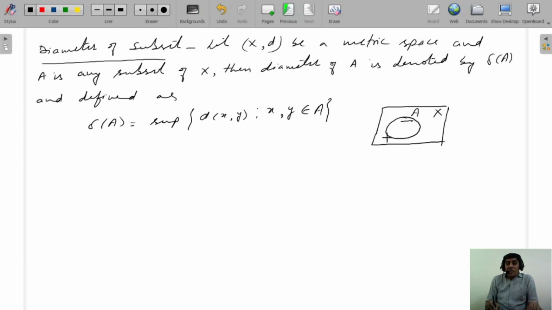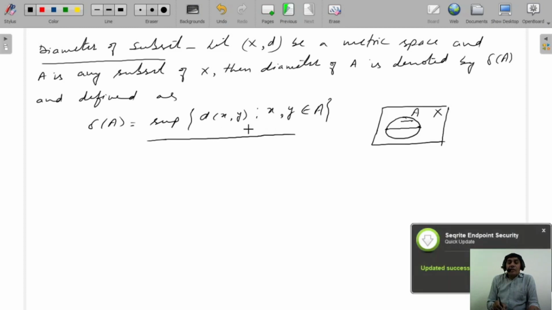This is the distance. But the maximum distance between any 2 points of A is known as diameter. That is supremum of d(x,y) such that x, y belongs to capital A is known as diameter of the subset A.